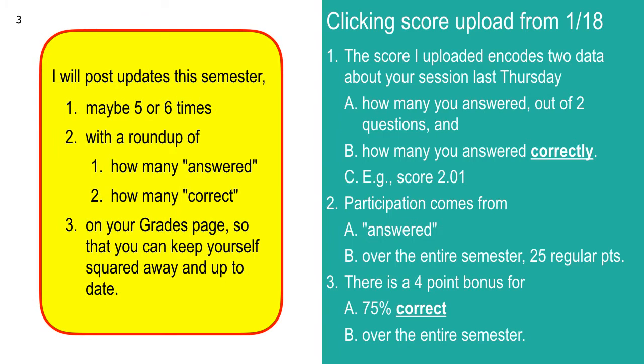I'm going to post an update to the clicker scores 4, 5, 6 times this semester, maybe. And it'll encode, as I just mentioned, how many you've answered to date and how many you got correct out of those.